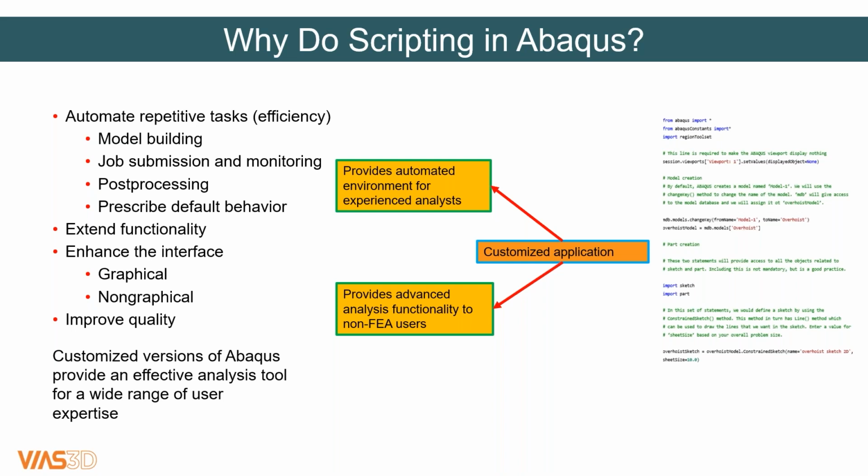We can extract information from our ODB and automate those types of tasks that can be kind of tedious, especially if you're post-processing a lot of different ODBs or a lot of different results. We can extend functionality, enhance the interface, and also improve the quality of our work by doing this.